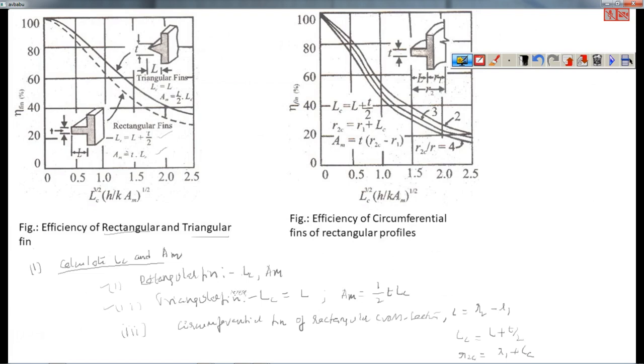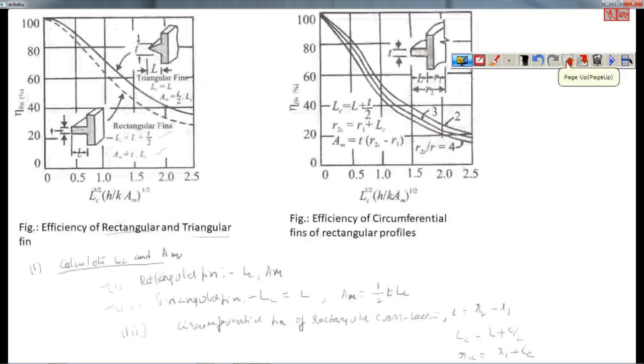And AM, the fin profile area, is equal to the same formula, R2C minus R1 into T. You can check it here, it is already in the figure. AM is equal to T into R2C minus R1.